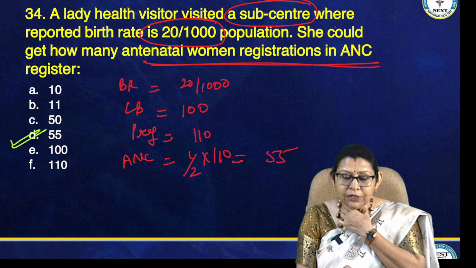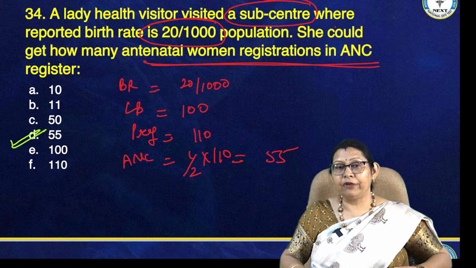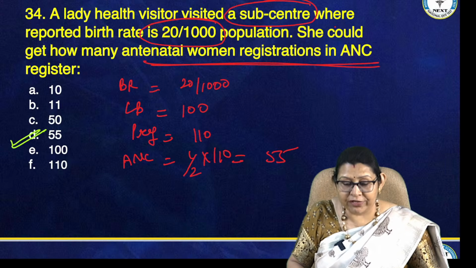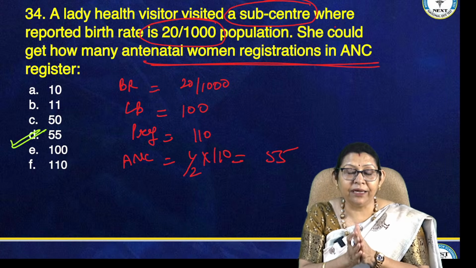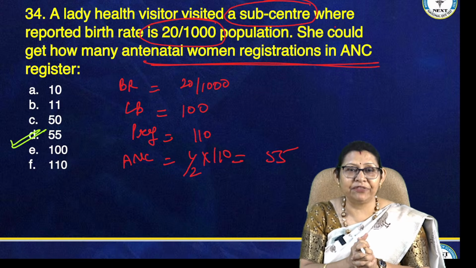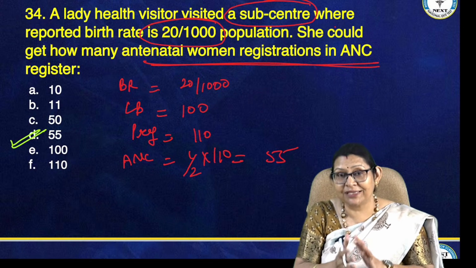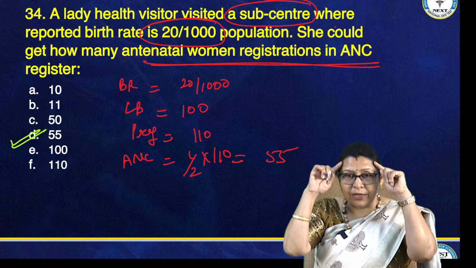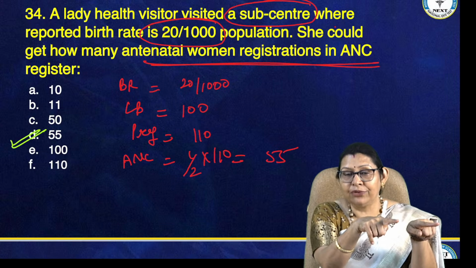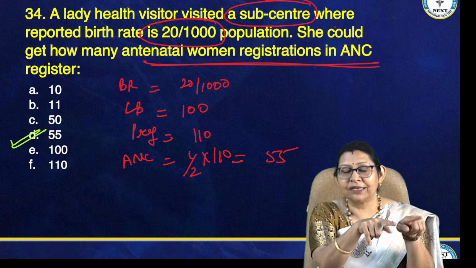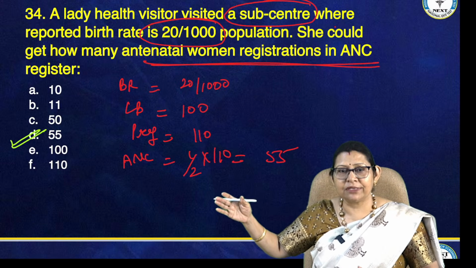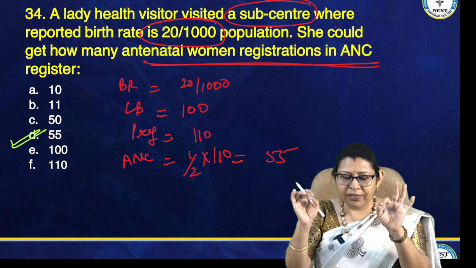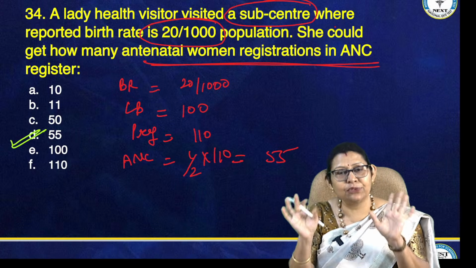So see, the choices are confusing, and this is the beauty of a question. That's why we say making a question is not a difficult task, but putting the choices is a difficult task, because the examiner knows in which direction you can move. If you are going in that direction solving a question, and your answer is sitting in the choices, you are very happy that you have given just 30 seconds, 40 seconds, and you get your answer.